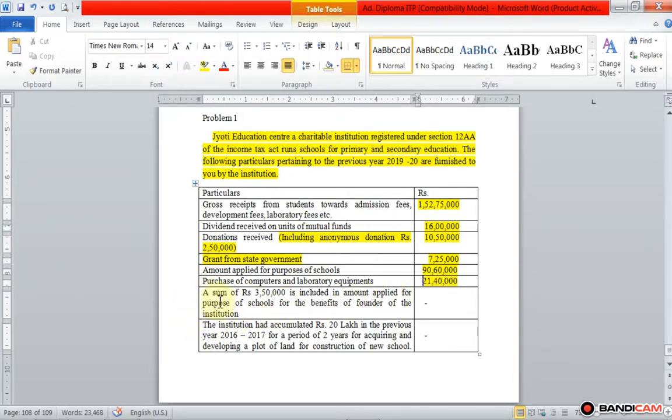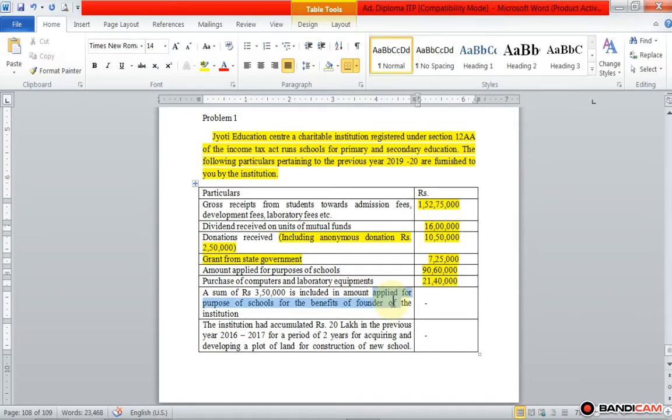Then a sum of rupees 3,50,000 is included in the amount applied for the purpose of school, for the benefit of the founder of the institution.